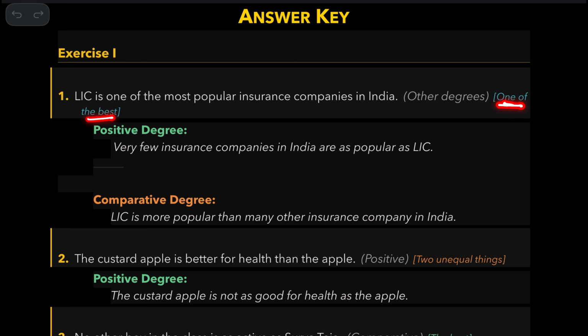It belongs to one of the best, I mean the second type, second pattern. Now, in case they ask you to write a positive degree, it has to be: Very few insurance companies in India are as popular as LIC. And comparative degree: LIC is more popular than many other insurance companies in India.